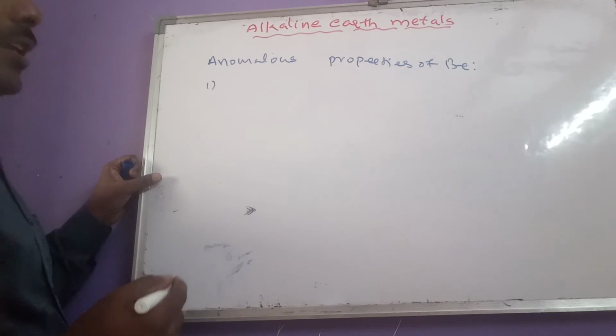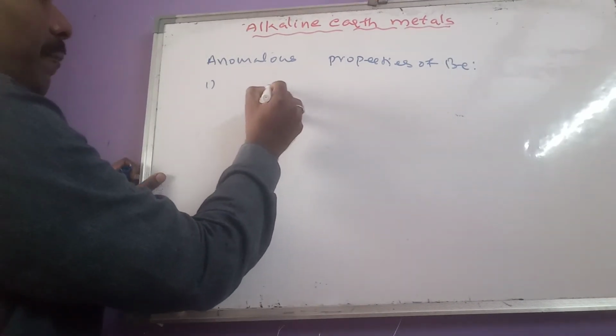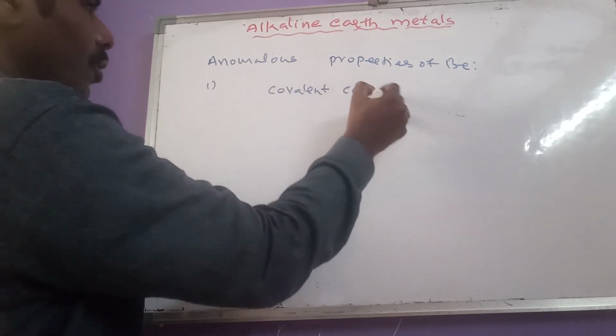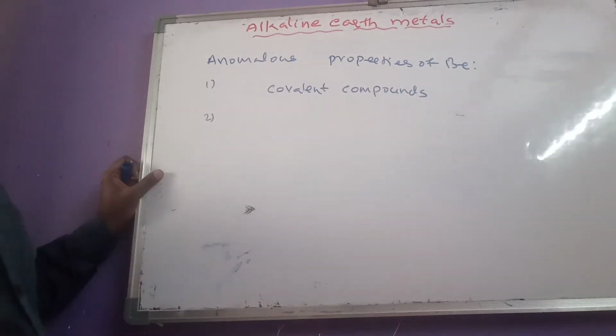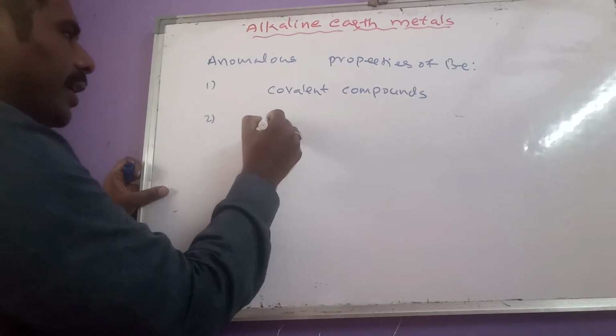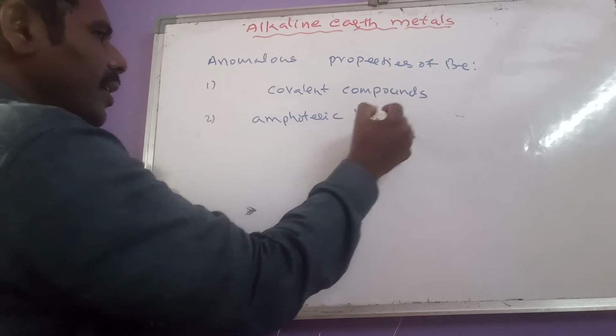First one is here, due to smaller atomic size, beryllium predominantly forms covalent compounds, and beryllium is amphoteric in nature.